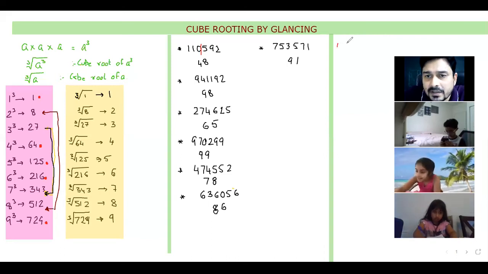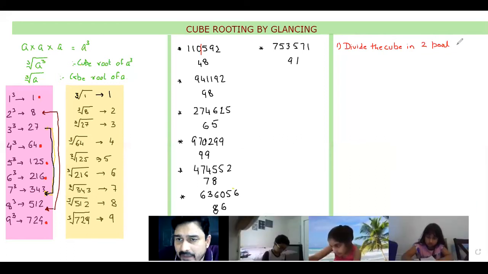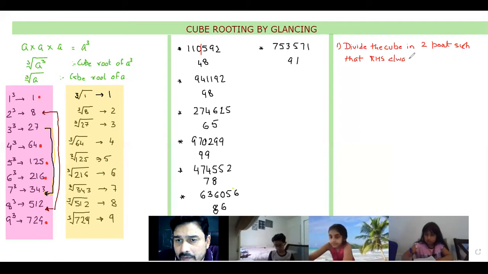First step is divide the cube in 2 parts such that RHS always has 3 digits.